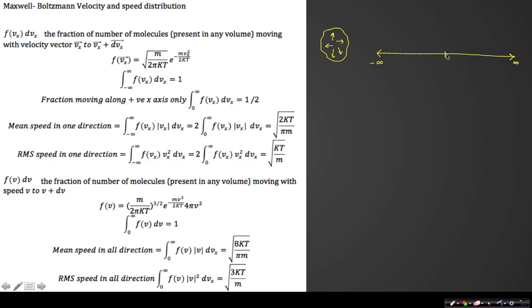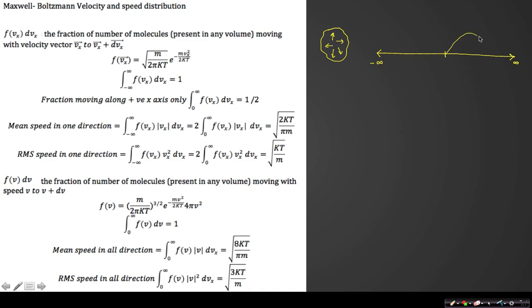So Maxwell's velocity distribution graph tells us what fraction of the total number of molecules are moving with a particular velocity range from Vx to Vx plus dVx.